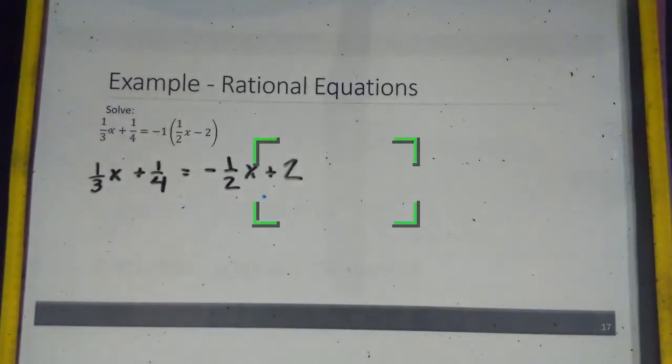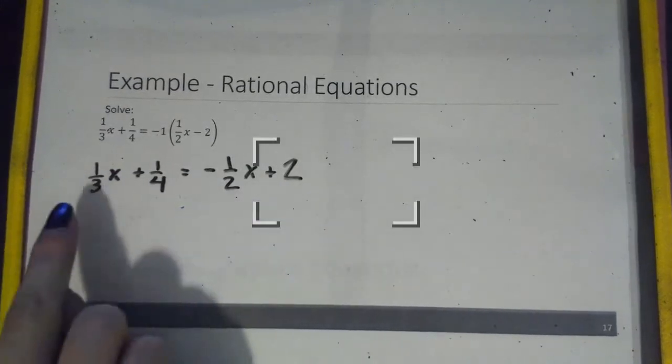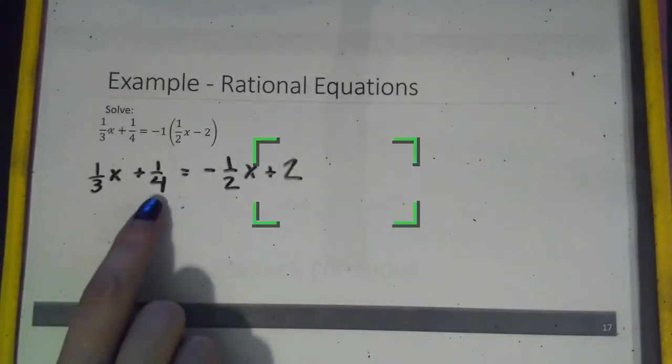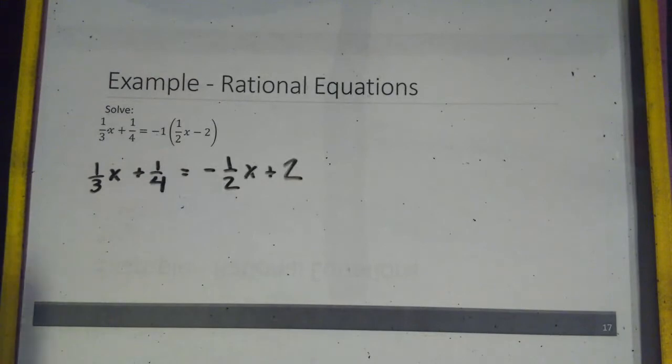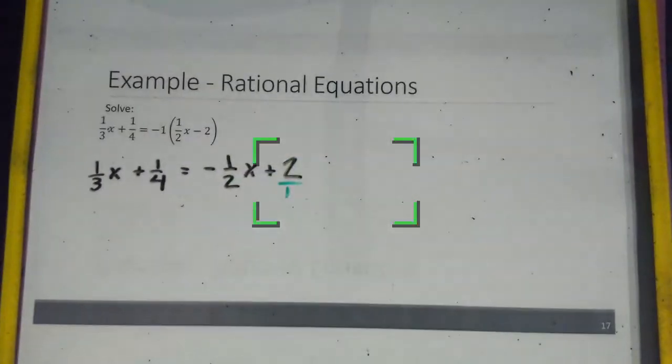Now, since I have so many different fractions going on, I want to get these all to have the same denominator. So I'm looking at a denominator of 3, a denominator of 4, a denominator of 2, and a denominator of 1. I need to figure out what denominator I can change those all into.